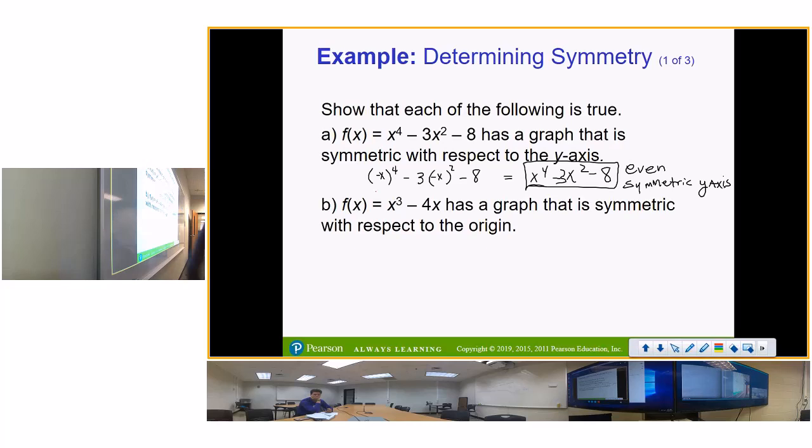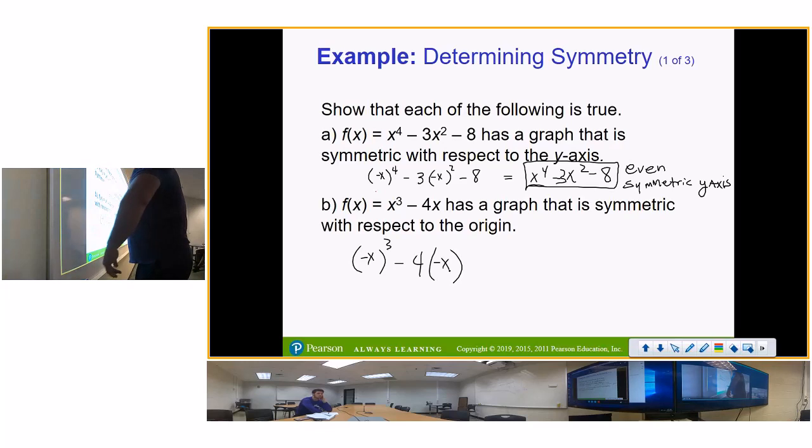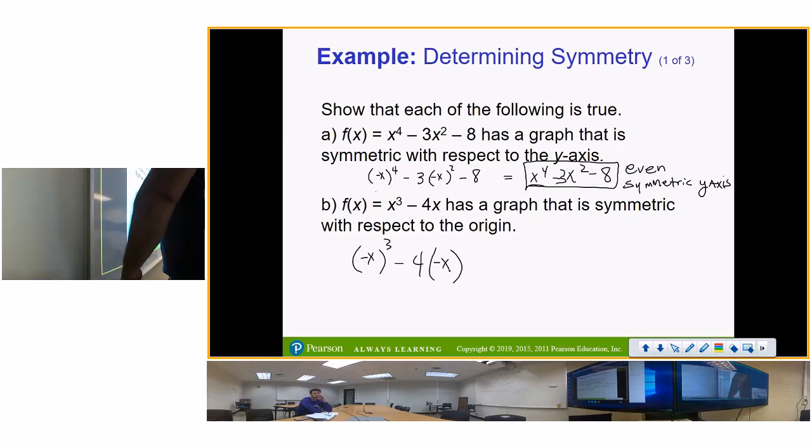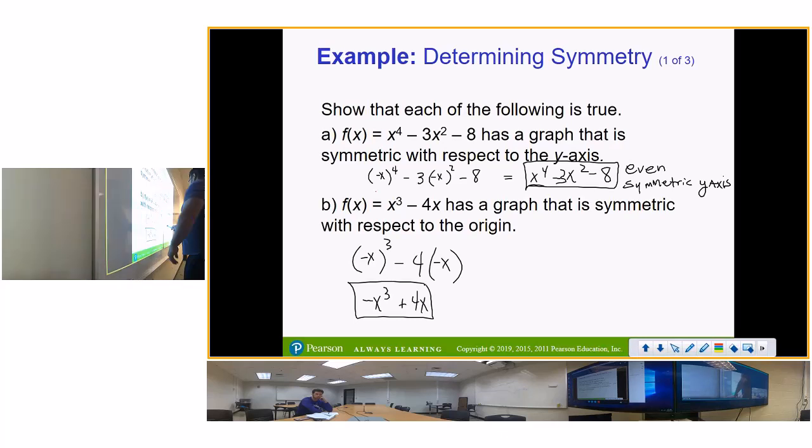But here, plug in a negative x. What happens to negative x to the third? What is this? Positive what? 4. Now let's take a negative and put it in front of this and distribute that negative.